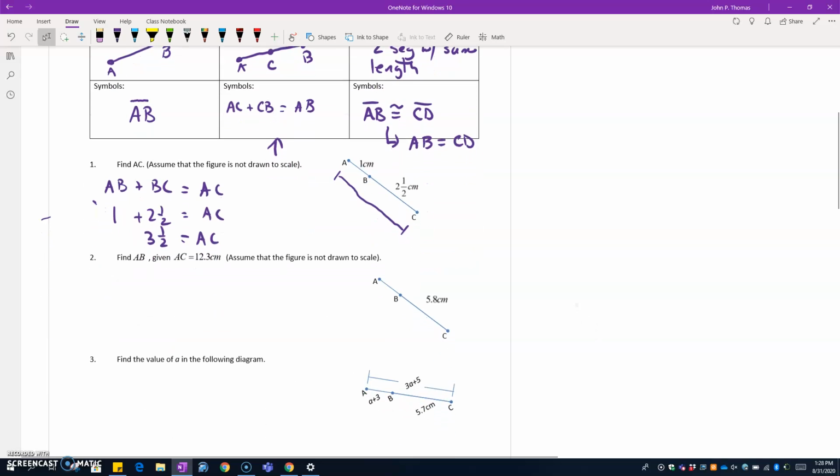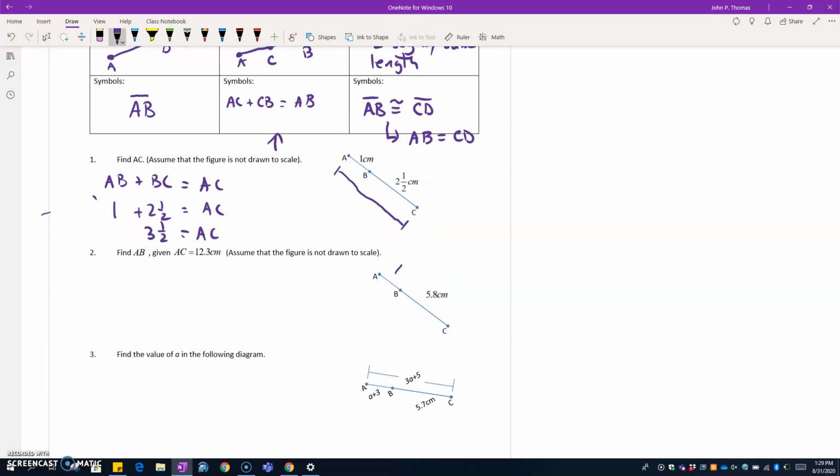If I go to the second one here, it says find AB, so this little segment, and they tell us that AC, the full length, is 12.3 centimeters. So I have the short segment AB plus the longer piece BC equals the total. That's AB plus 5.8 equals 12.3.